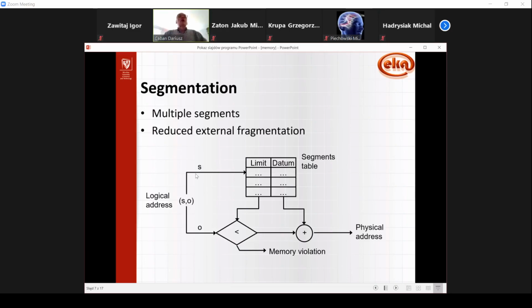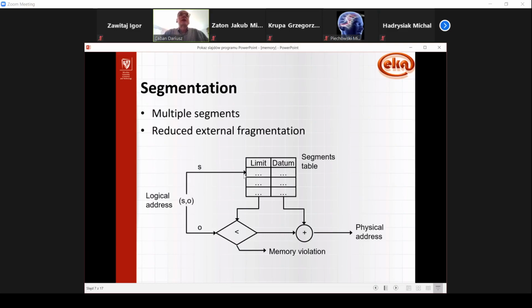So the logical addresses in this case are the index which identifies the segment, and the offset inside the segment.